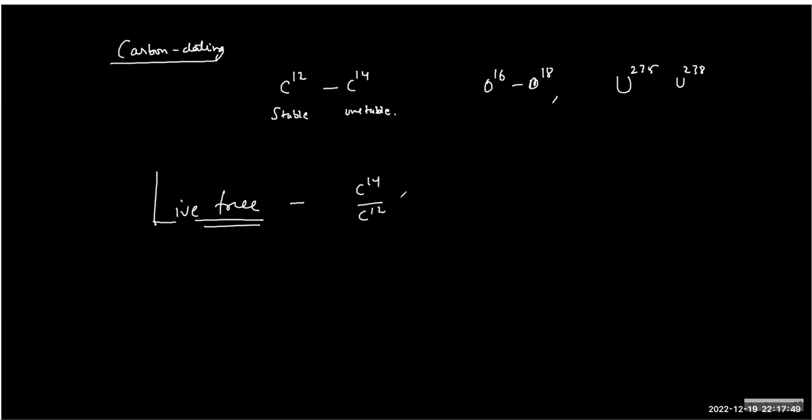This ratio is generally a very small fraction, because the unstable one is found in very small trace amounts and C12 is found in abundance. A live tree will have a fixed ratio.